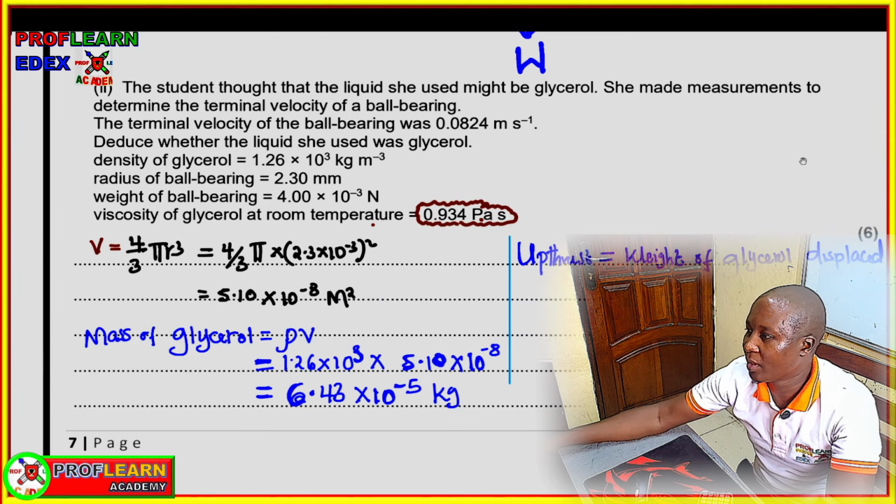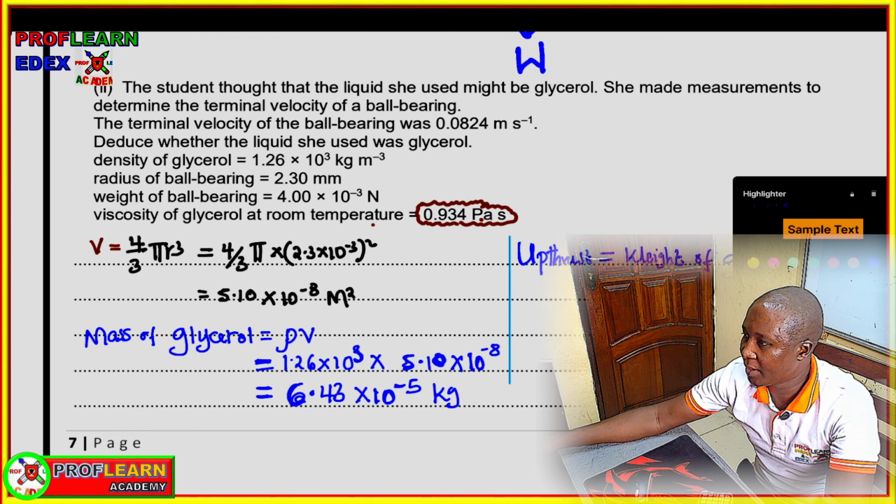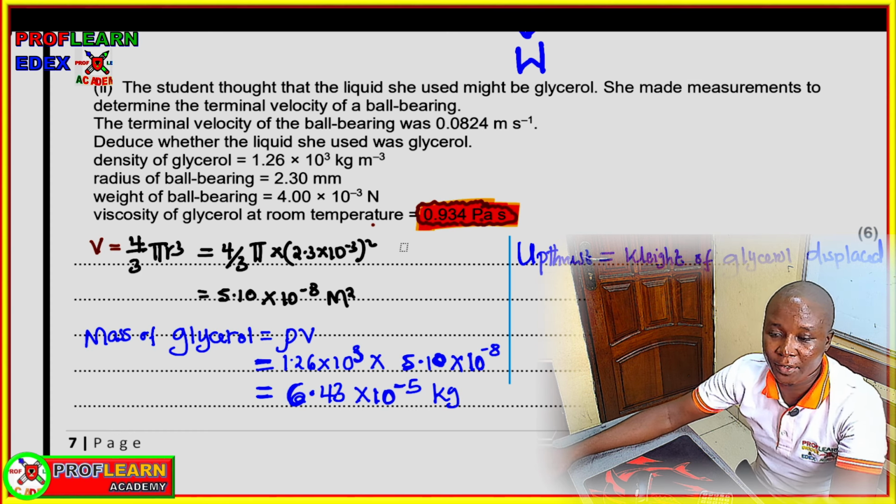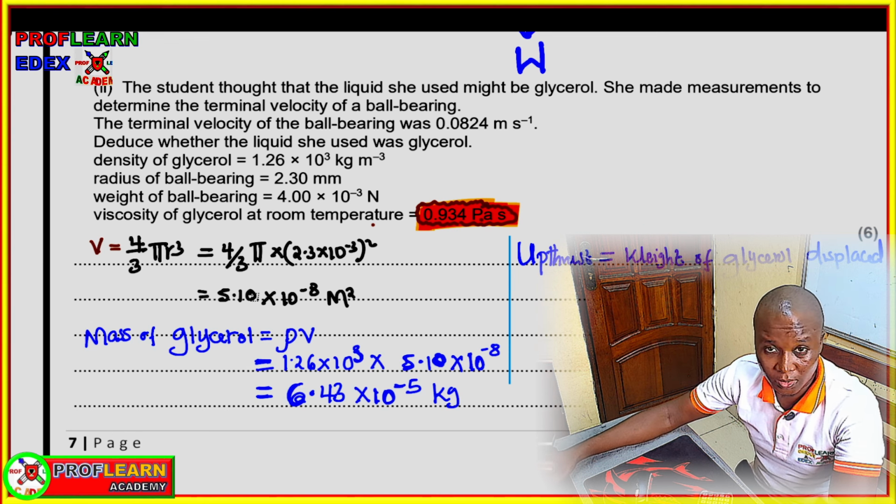The moment we realize that they agree, then we can say that the liquid is glycerol, because different liquids have unique viscosity values.